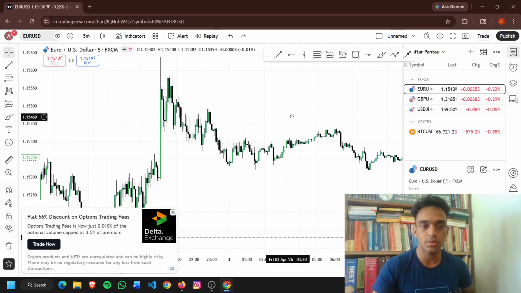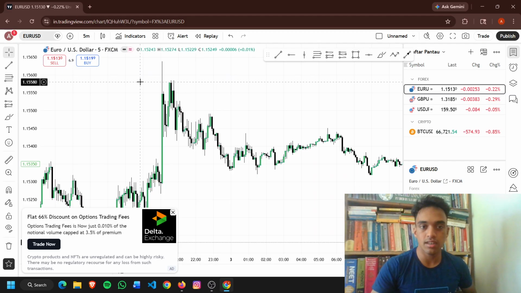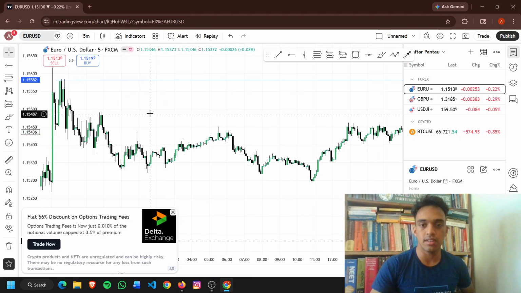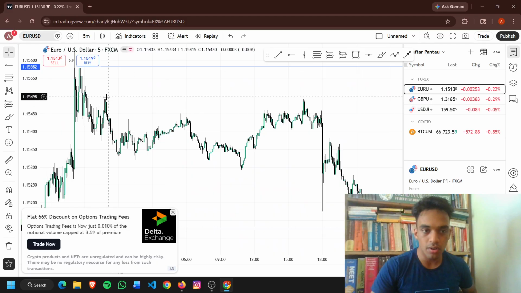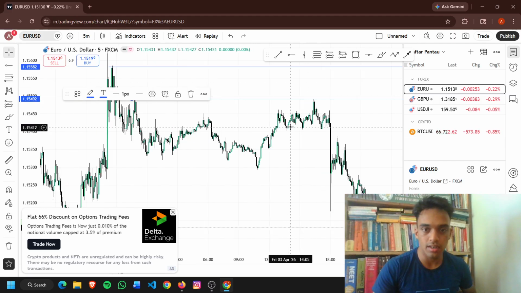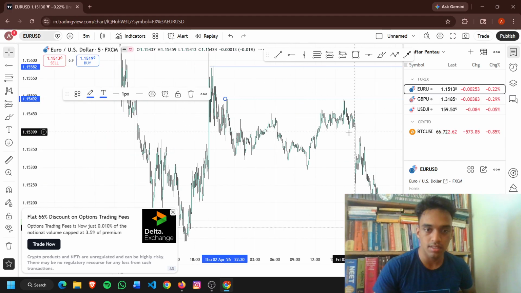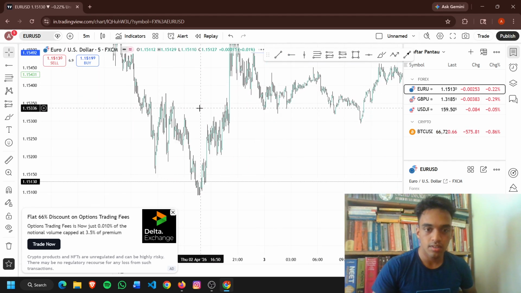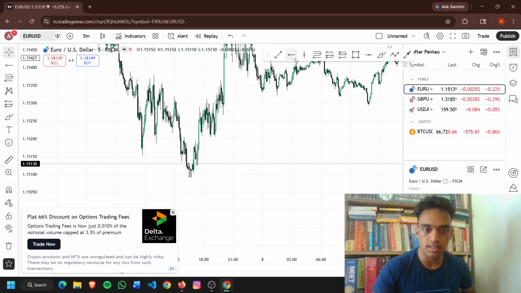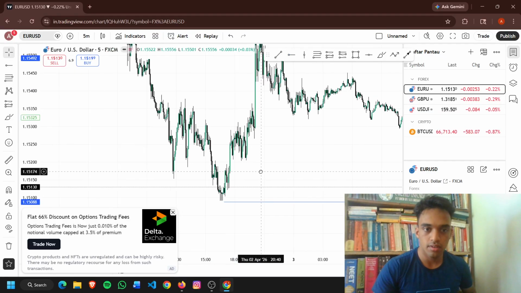I'll just show it in the graph. This point has external liquidity in it, and these pullbacks are the small internal liquidity. So this is a major external liquidity point.